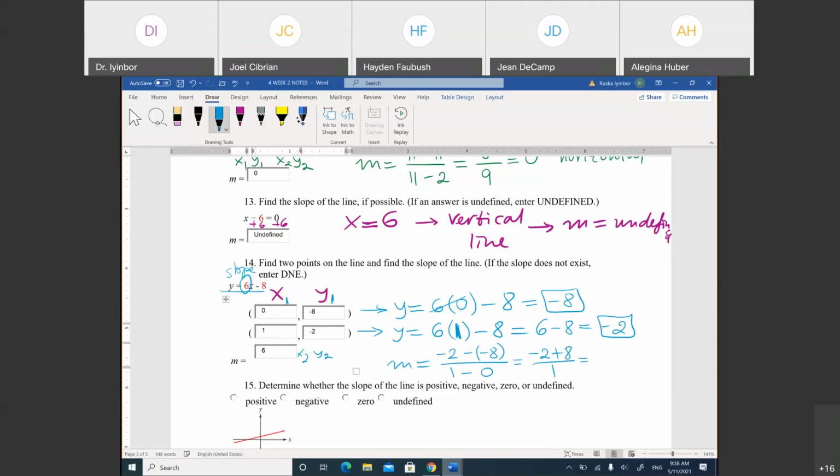Now 8 minus 2 is 6 over 1 is just 6. So we're going to get the same. But you don't need to use the formula. You can just look at the number in front of x and that's your slope. Okay? Everybody get that? Any questions?